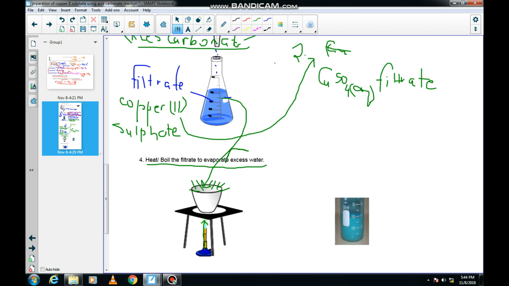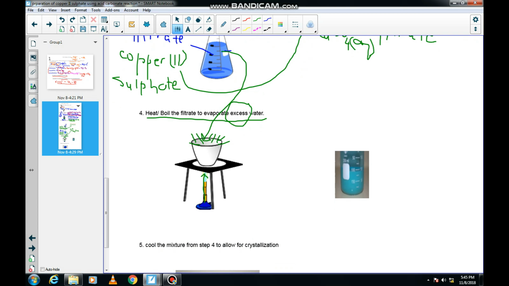Note that it says excess water. The statement doesn't say to evaporate all the water, but just excess water. So that means you will stop heating while you still have some solution left. This is very, very important.